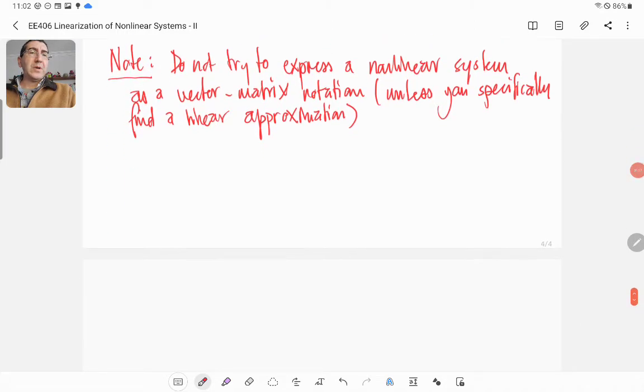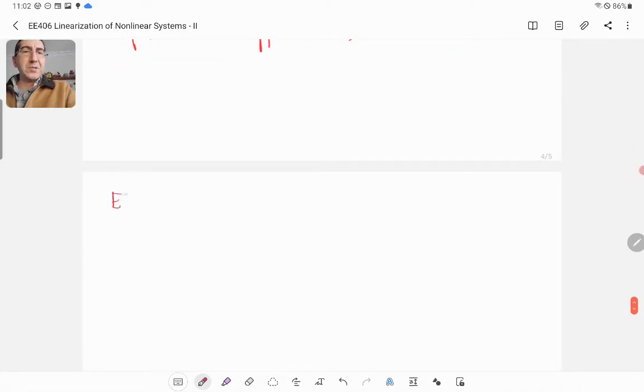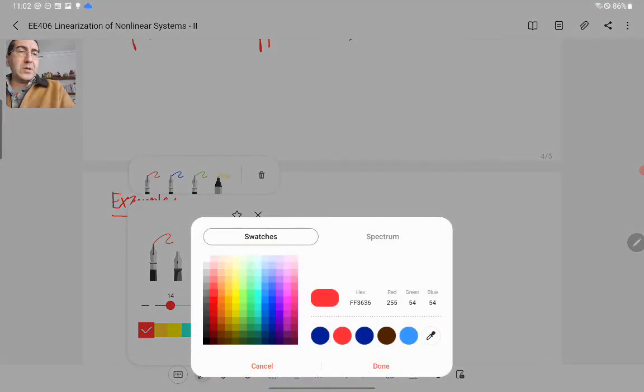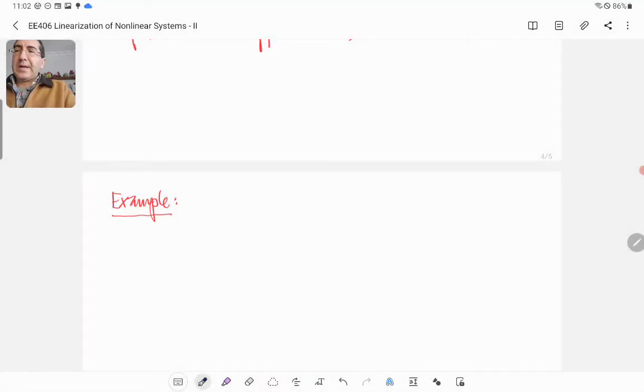All right. So let's consider an example. Actually, this is the same example that we also considered when we were finding equilibrium points. Now our system, the nonlinear system, is given by x dot equals x2 and minus x1 plus x1 cube.